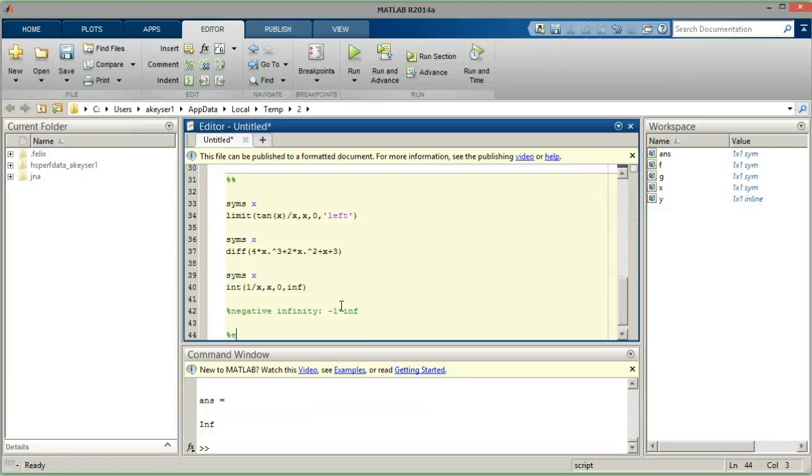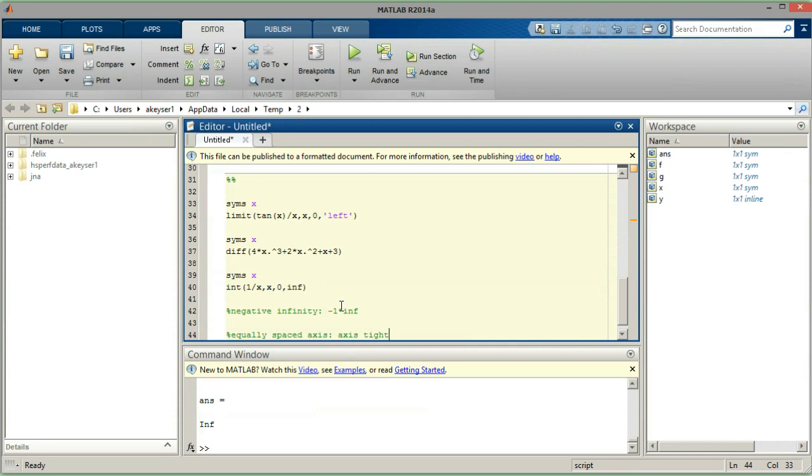So if you want equally spaced axes, you need to use what we call axis equal. That's the command, and it will give you equally spaced axes.